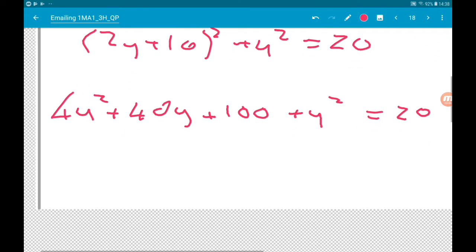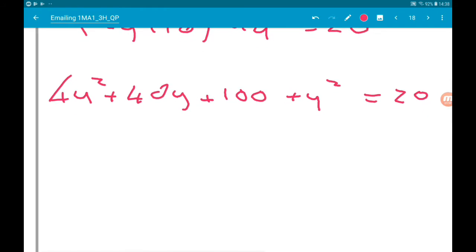Now this is a quadratic. To solve quadratics, you need everything on the same side with a 0 on the other. So I'm going to move that 20 and also collect the y squareds. So we have 4y squared add y squared, which is 5y squared, and we've got 40y.